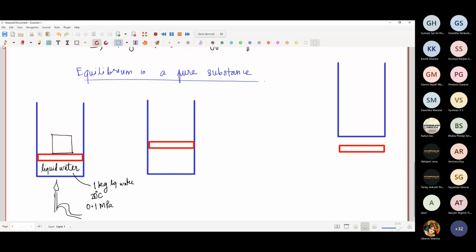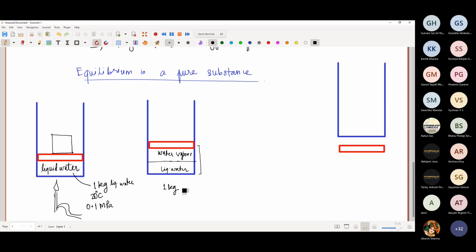It will look something like this, where this is like the phase boundary. This will be liquid water. This will be water vapor. Okay. And so what has happened here is the mass of the water vapor plus liquid, obviously, will remain the same, 1 kg.